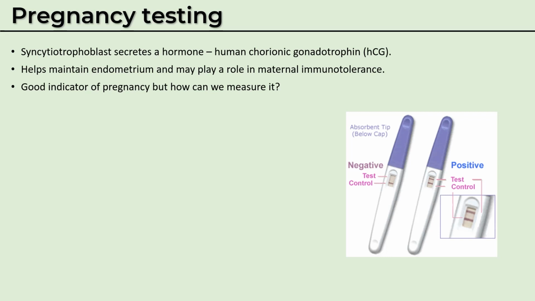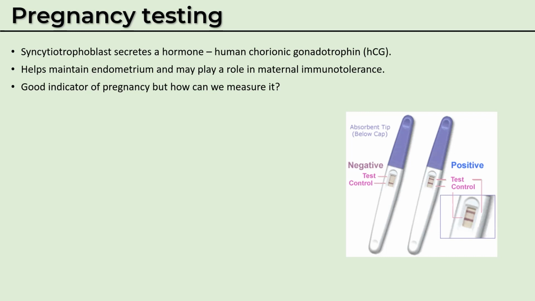And this is used to maintain the endometrium and play a role in maternal immune tolerance. So again, this is going to help dampen the maternal immune system and continue to hide the pregnancy from an immune response. And we test this by using urine test strips.